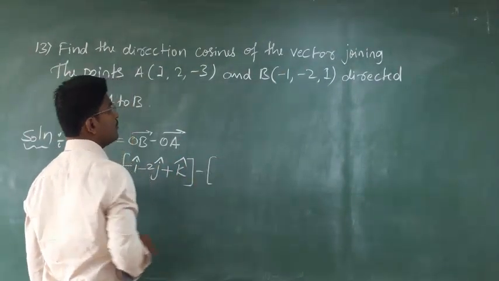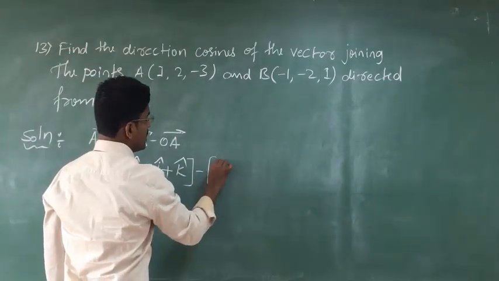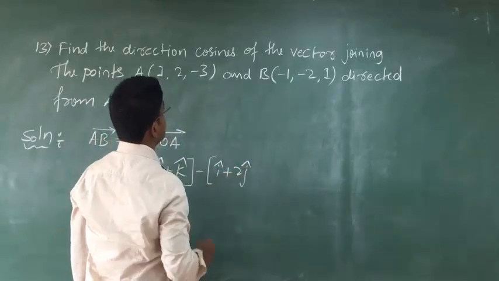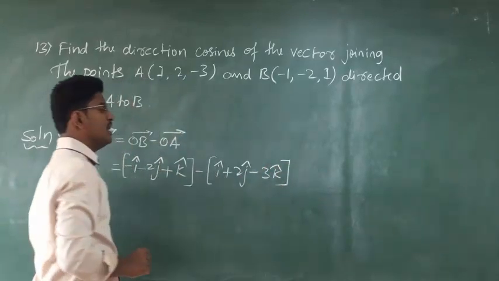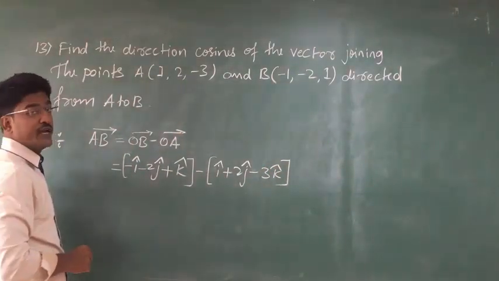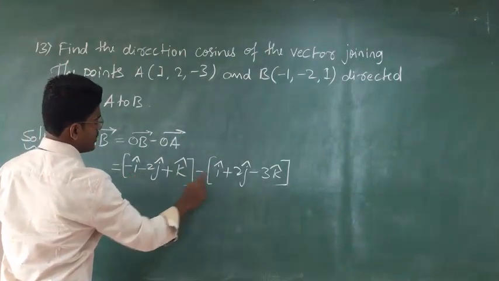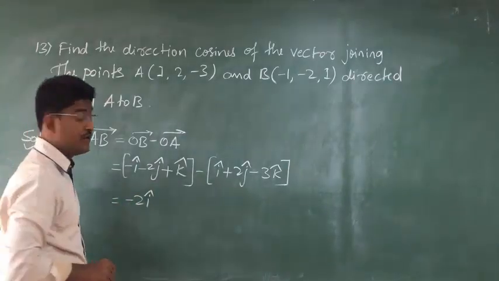Minus, now write the position vector of point A. That is i cap plus 2j cap minus 3k cap. Clear? Now simplify. Minus i cap minus i cap, so this will be minus 2i cap.